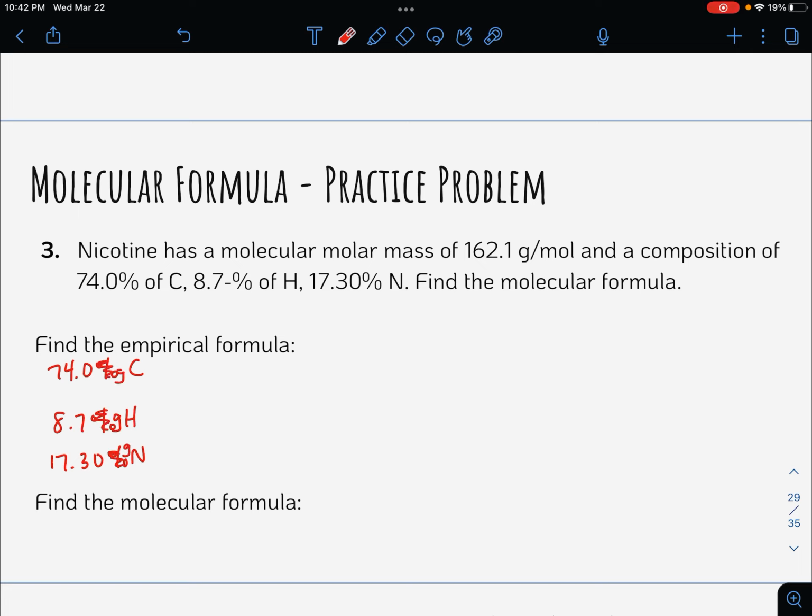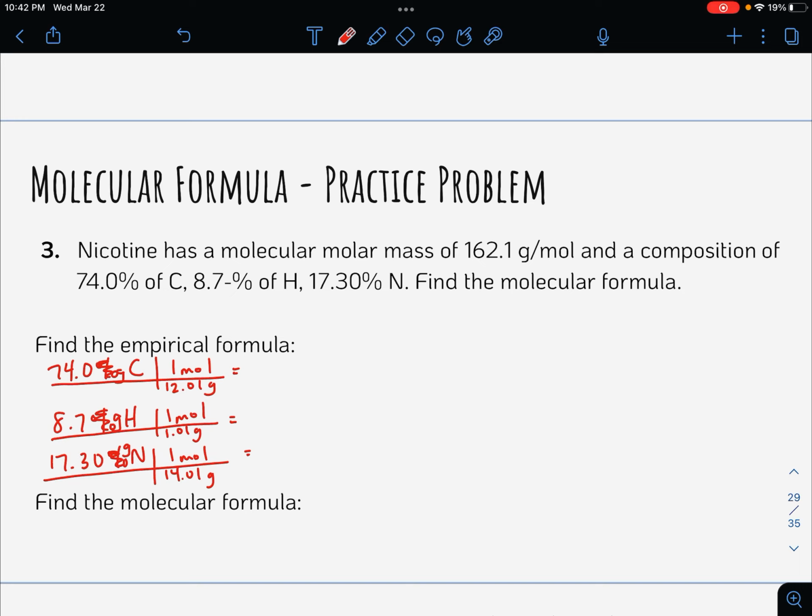Okay, so remember my first step, percent to mass. I'm going to change all of my percents to grams. Percent to mass, mass to mole. It's going to be kind of small writing, but I'm just using my molar masses to go to moles. So I went percent to mass, mass to mole.